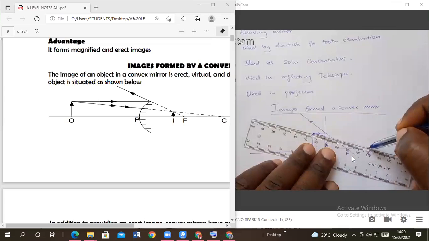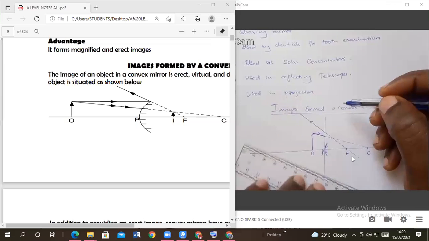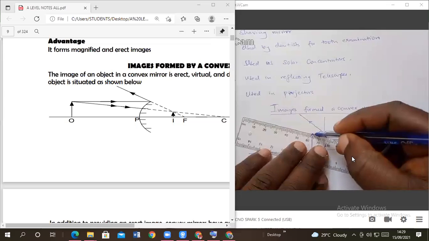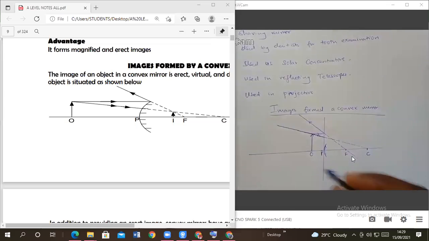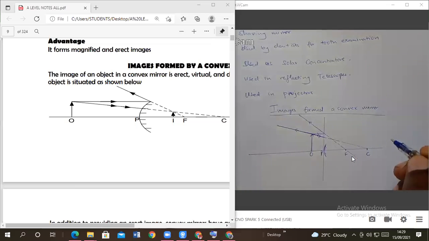It appears as if it's coming from the center of curvature. Like that. So here it is going and then it is reflected back.